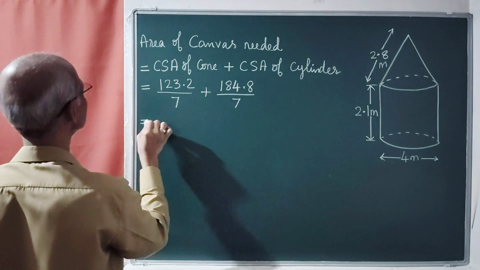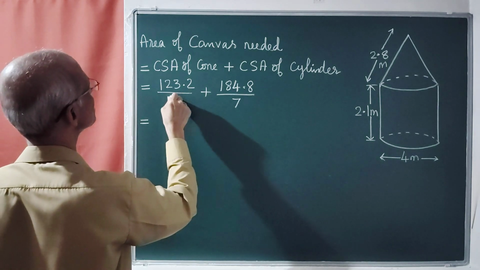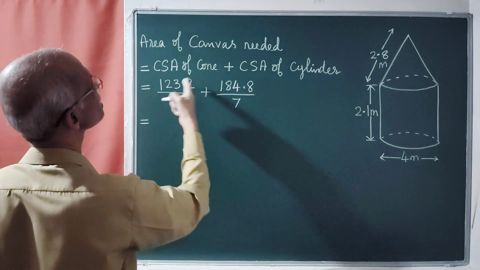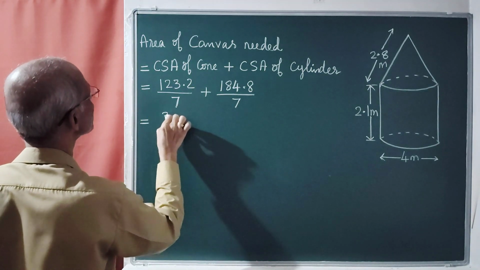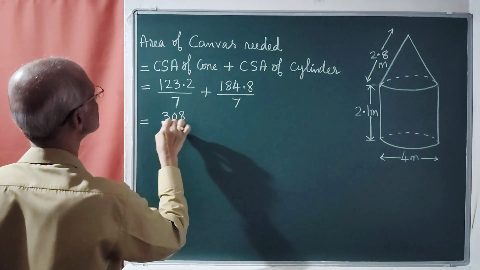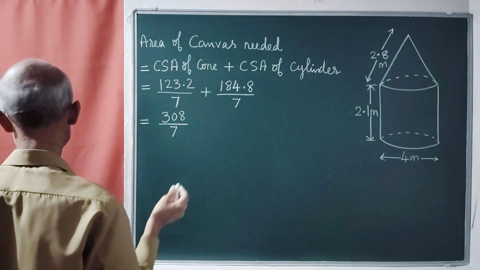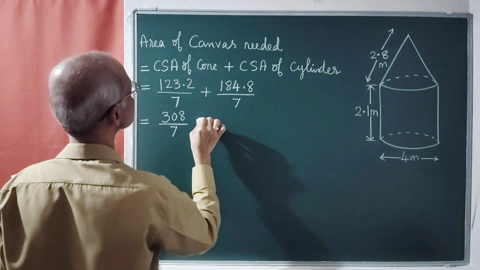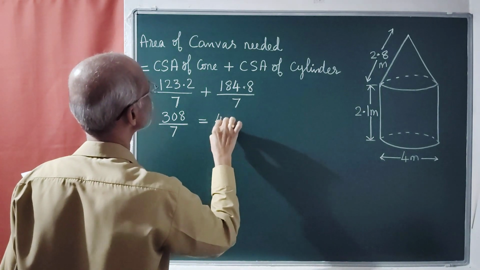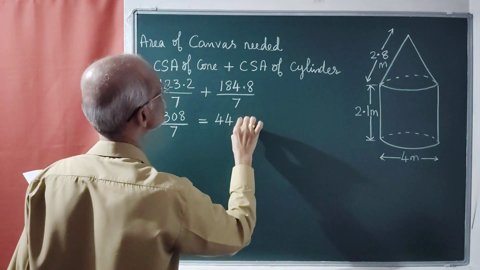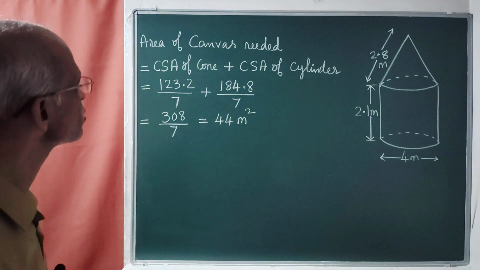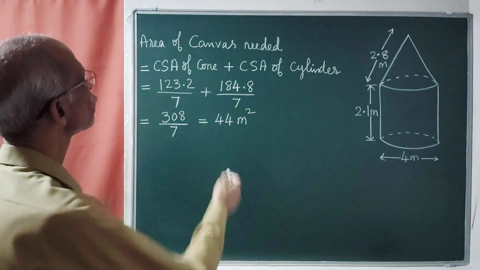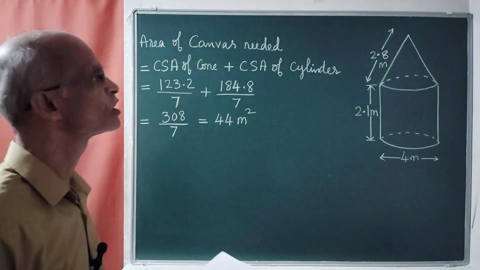They are like fractions, so you can add them. You'll get 308 by 7. That's equal to 44 meters square. So the area of canvas required to make the tent is 44 meters square.